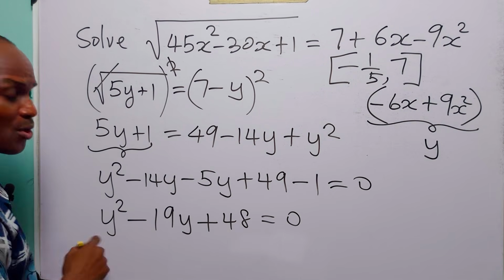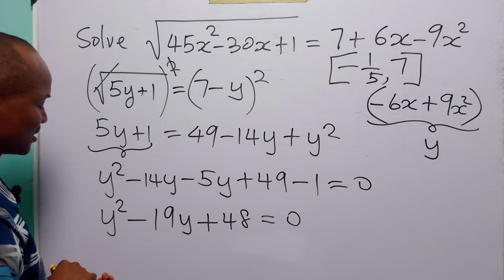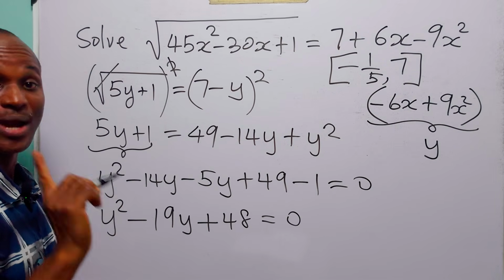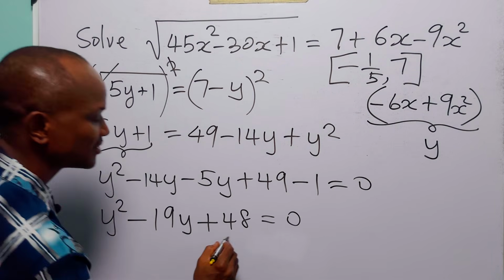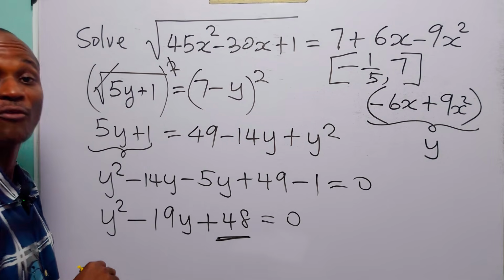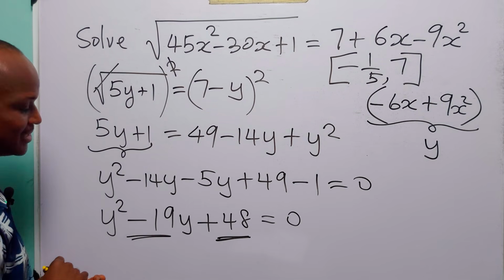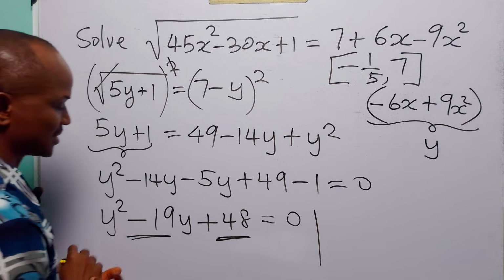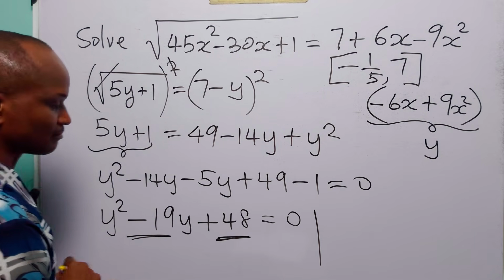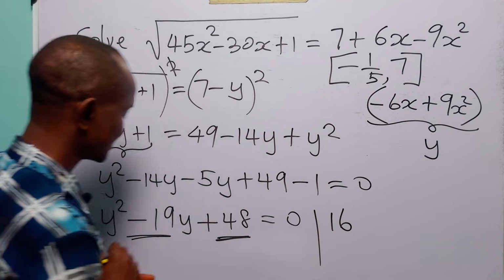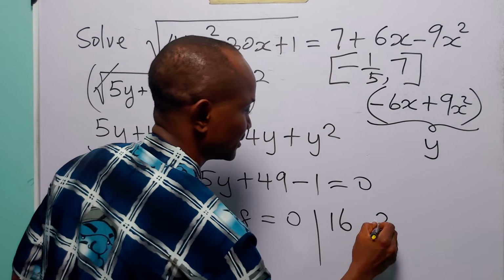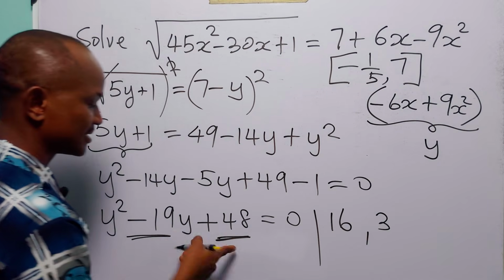Now, we can solve this quadratic equation by factorization. Since the coefficient of y squared is 1, all we need to do is to find the factors of 48 that add up to minus 19. And those are going to be 16 and 3. 16 times 3 is 48.